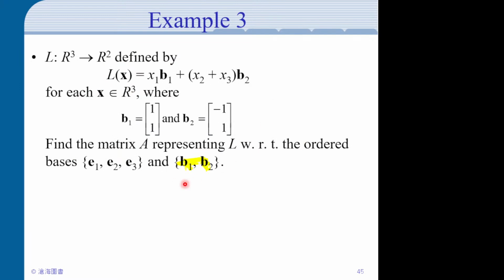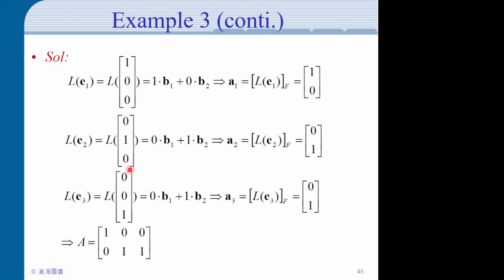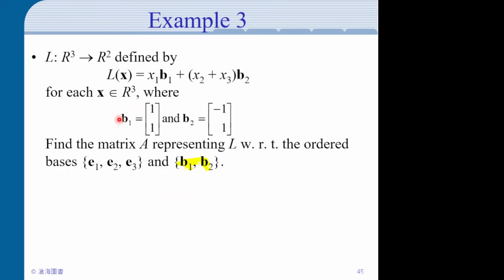And anyway, so we can do the solution, and as we say, we want to find L of the basis you are making here. And it's the same basis, so L of E1, E2, E3. And we want to find the output in terms of B1 and B2, and we have a nice form of L given here.